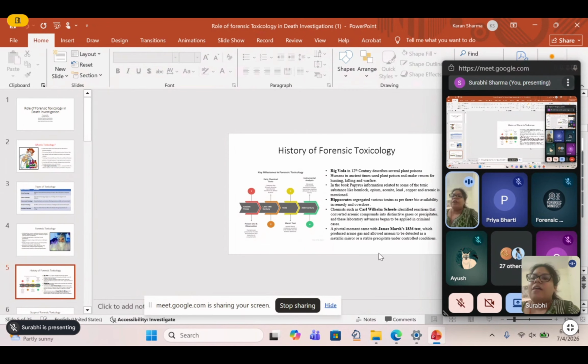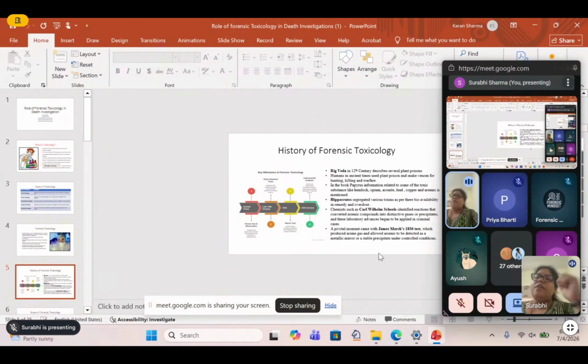Then Hippocrates segregated various toxins as per their bioavailability, as I told you. Then Carl William Scheele identified reactions that converted arsenic compounds into distinctive gases or precipitates, and these laboratory advances began to be applied in criminal cases.